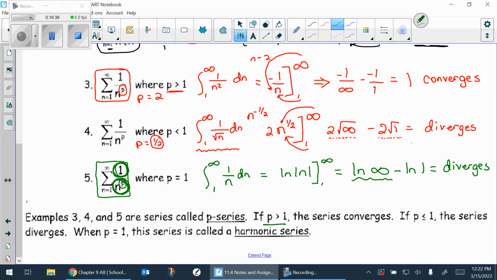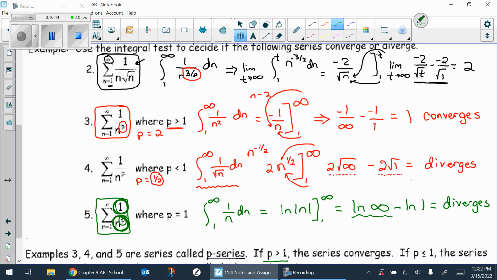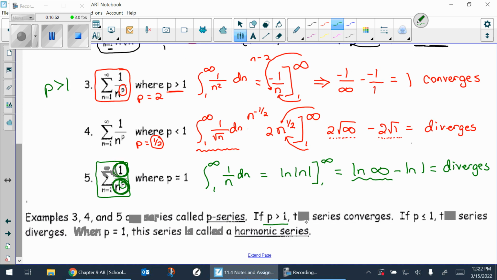If p is greater than 1, like we saw in these two examples, we're going to find a series that converges. But if p is less than or equal to 1, then the series is going to diverge.